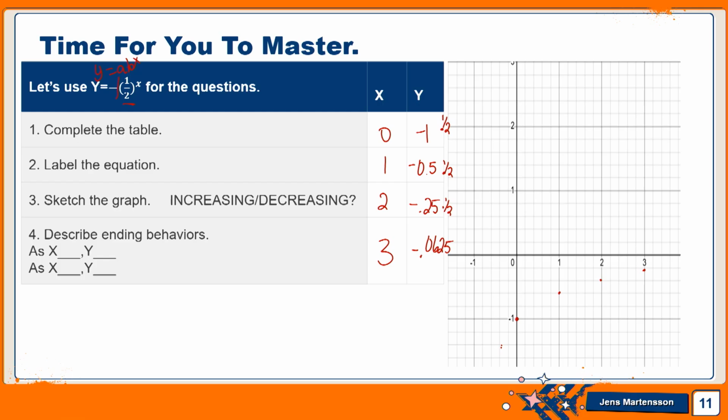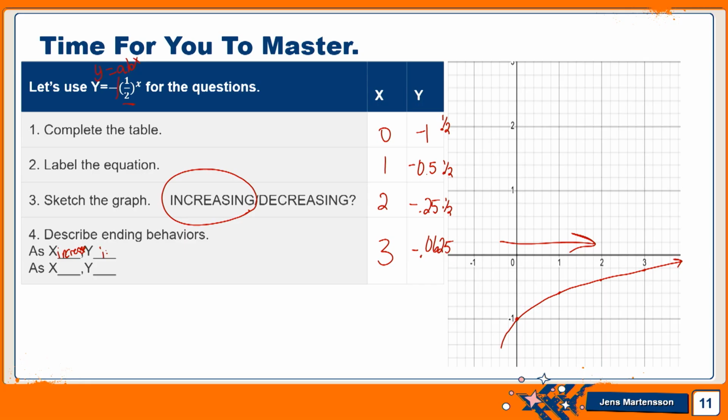So what could I say is happening? Do I have an increase or a decrease? Yes, I have an increase. So then what about those ending behaviors? As my x's increase, what could we say about my y's?